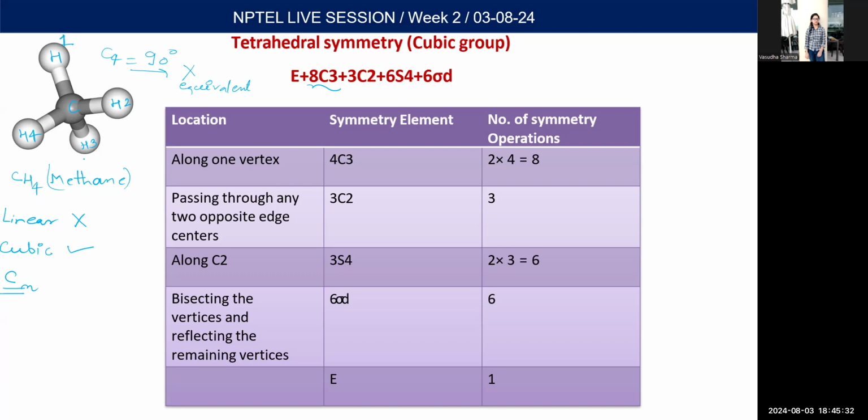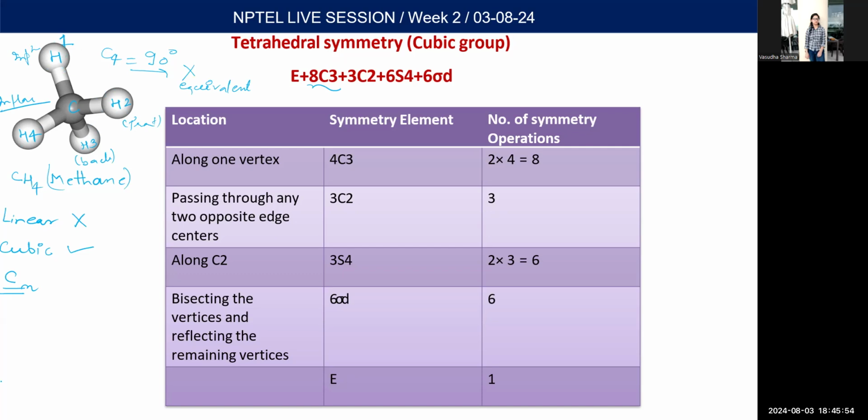If this H3 is at the back of the plane, this is in front, and these two are in plane, after giving a 90 degree rotation, this would go out of the plane and these would come in plane, and that would not give you an equivalent conformation. But what about C3?